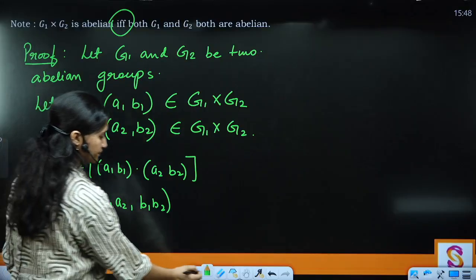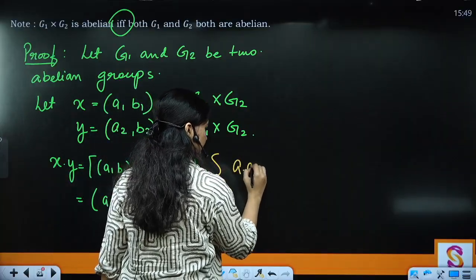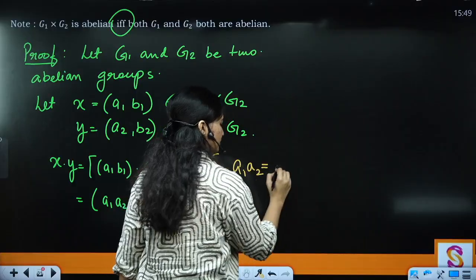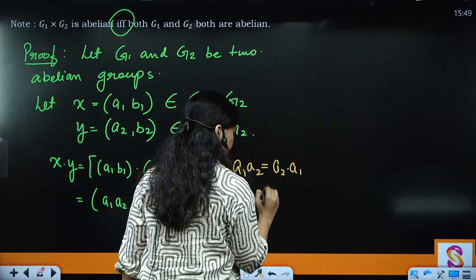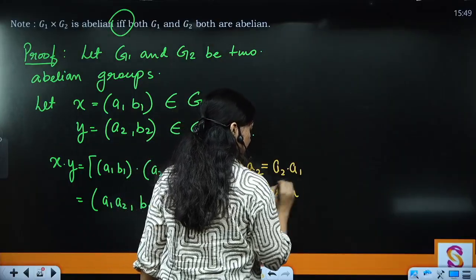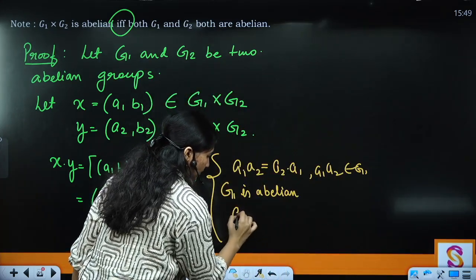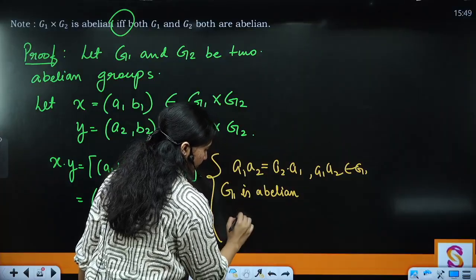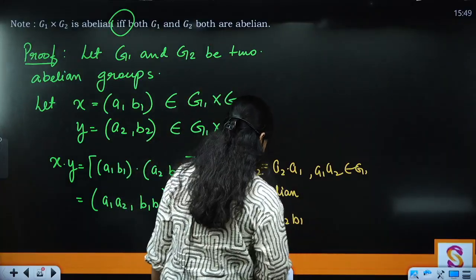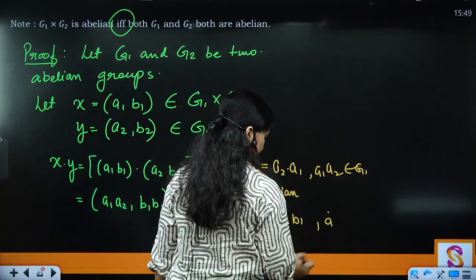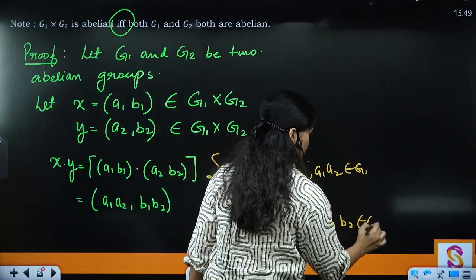Now notice a1 dot a2 is equal to a2 dot a1. Why? G1 is abelian, right? Here a1, a2 belong to G1. Now b1 b2 equals b2 b1, where b1, b2 belong to G2.